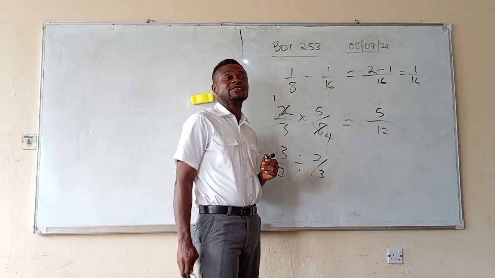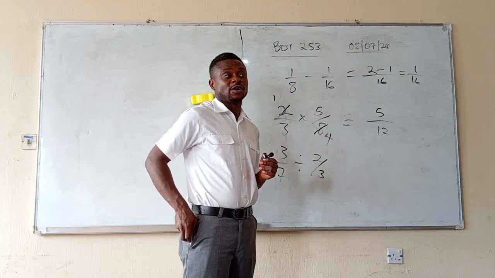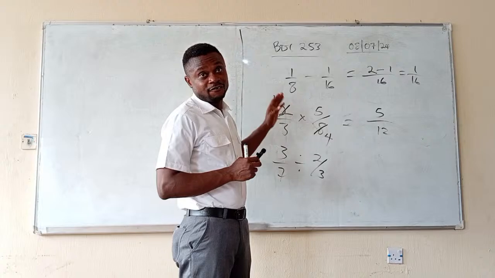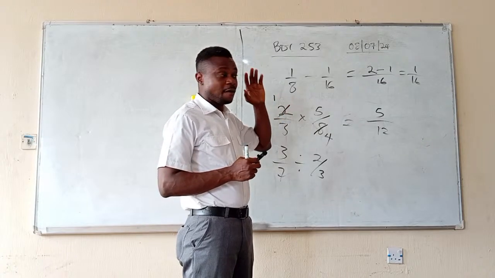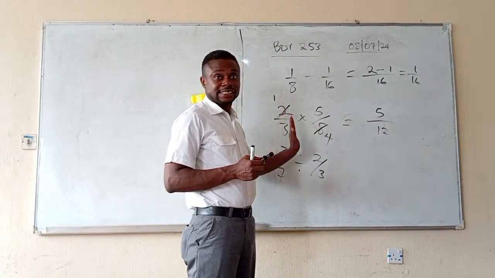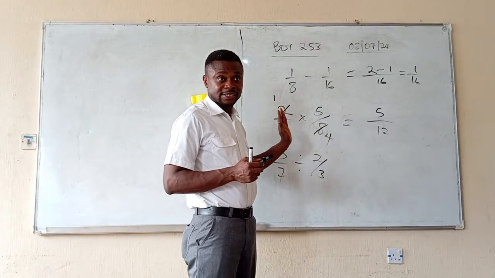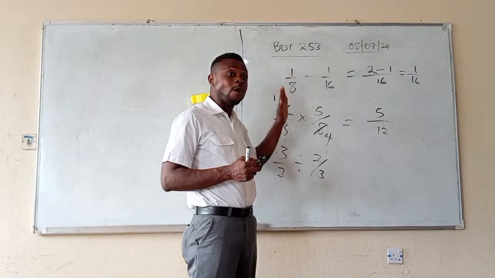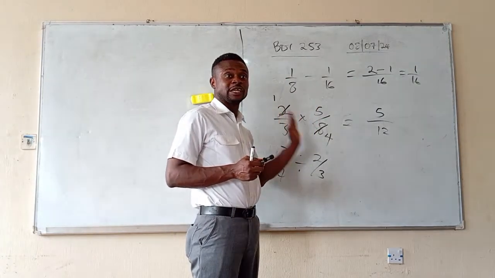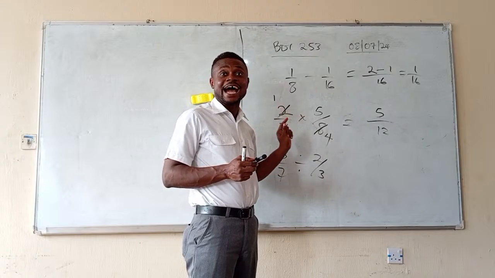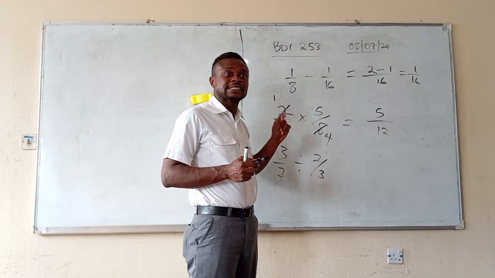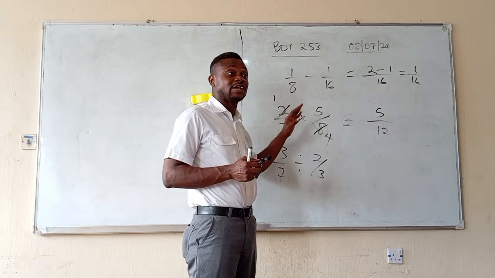Please always remember to leave it in the lowest term. So basically what you do for multiplication is this: check that everything is in the lowest term possible. Check the numerators, check the denominators. If they're not in the lowest term, you keep dividing until you get to the lowest term.